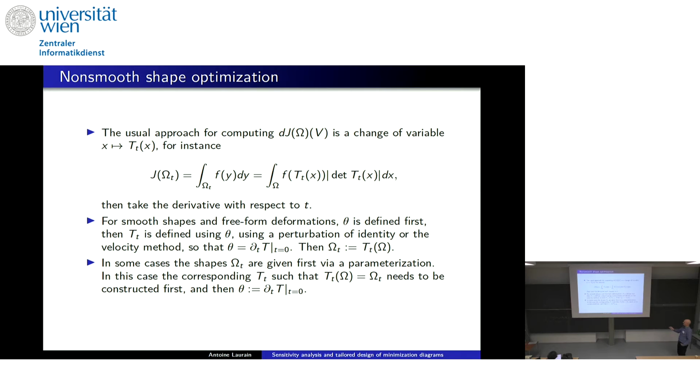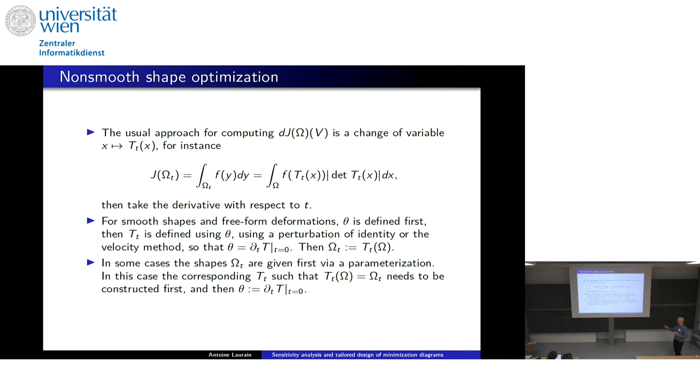And then we have this formula for the change of variable. And then very often when we do optimization with free-form shapes, theta is defined first, and then the capital T is defined using theta. We use a perturbation of identity or the velocity method to compute the capital T, and then we can parameterize the omega. We don't really care about what the T is because we are just interested in small perturbation of the shape for the optimization.